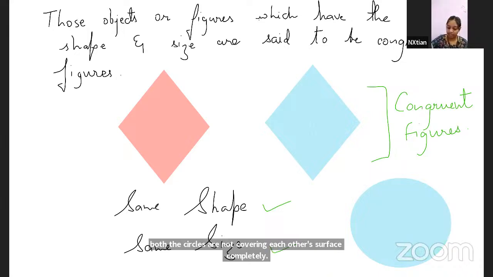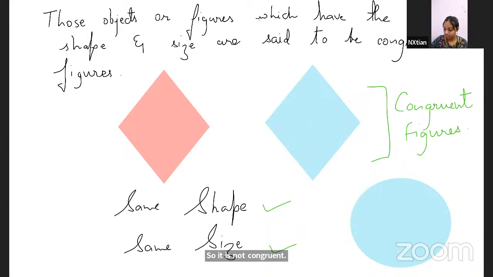But when two circles cover each other completely, they will be congruent. Here it's not forming that way.